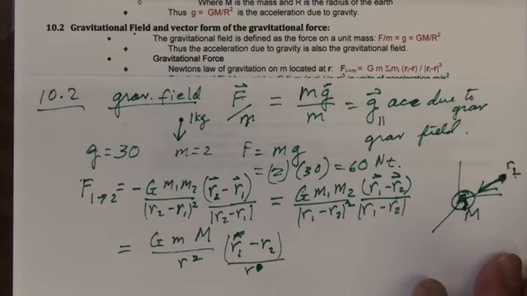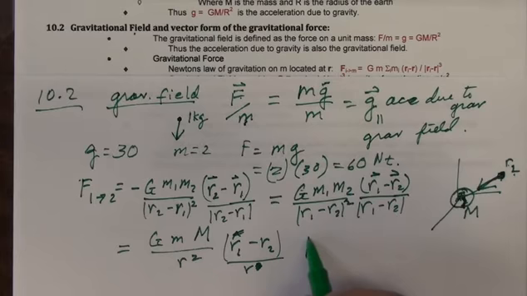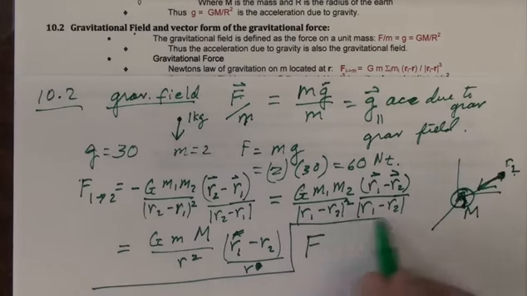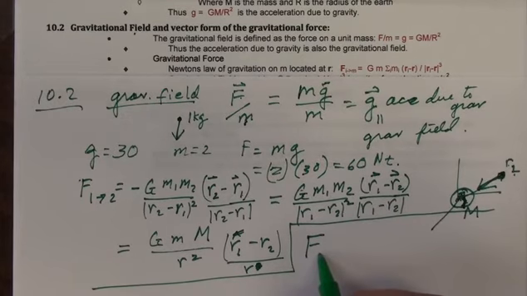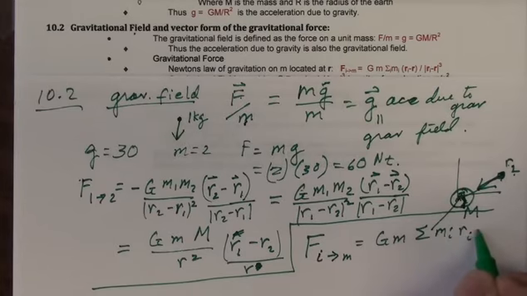Now if we have many masses, and that's the expression we write up here, the gravitational force due to many masses, let's say a whole set of masses, I focused on some mass M, is going to be G M sum over Mi times Ri minus R divided by Ri minus R cubed.